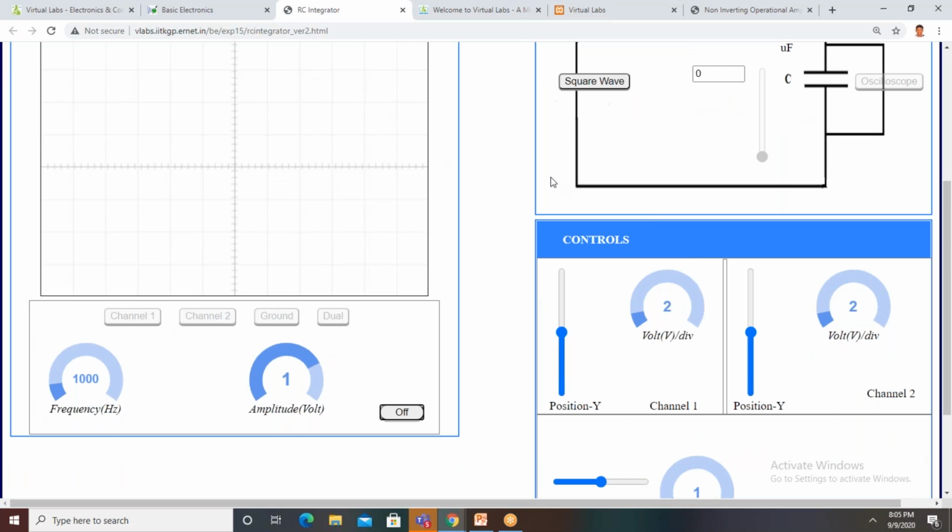Channel 1 and channel 2 are there. Only a single screen is available, and we have an amplitude knob and a time knob. Time is common for both channel 1 and channel 2, and amplitudes are different for different channels. Am I right? Yes, sir. Time per division, voltage per division for channel 1, voltage per division for channel 2.